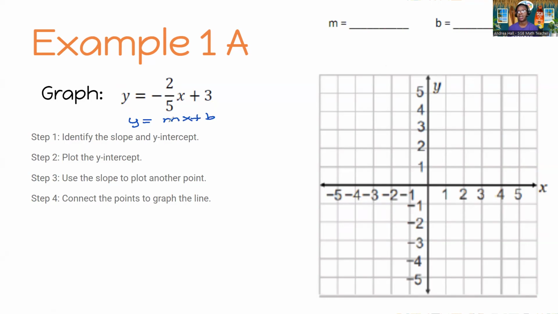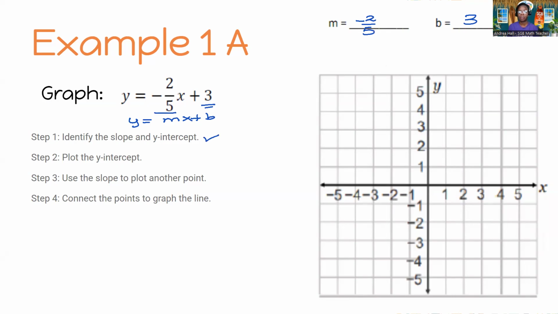Well, that comes in handy because we can see exactly where m is. M would be negative 2 over 5. We do not say the x, we leave that separate. So m is negative 2 over 5. B, which is your y-intercept, is 3. So we identified the slope, m is negative 2 over 5, and b is 3. So that's step 1 complete.